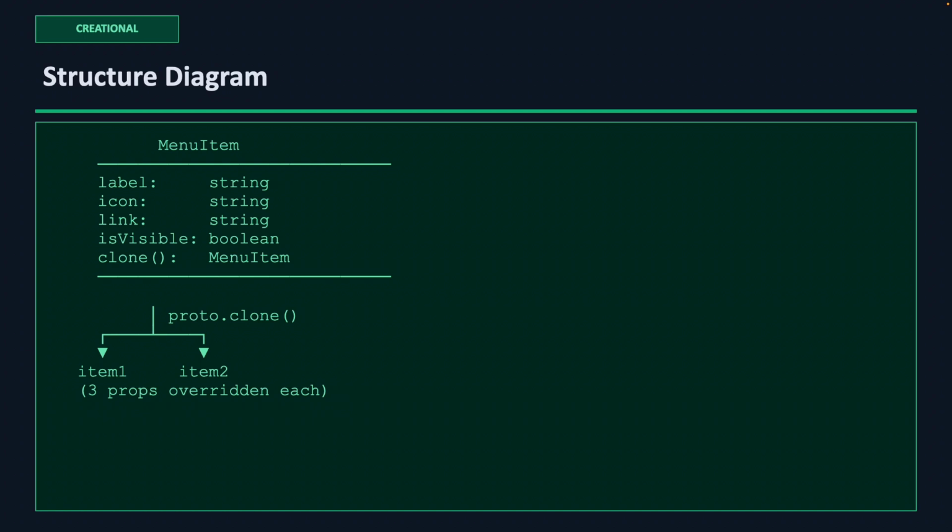You can often skip that abstract layer. And in this repo's implementation, the menu item is both the prototype contract and the concrete implementation. There's no separate interface. The clone method returns a new menu item that's pre-populated with the current instance's values. The client creates one prototype instance and then calls that prototype's clone method whenever it needs another object.